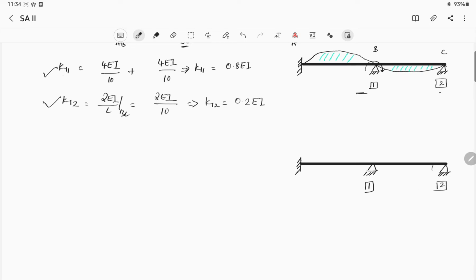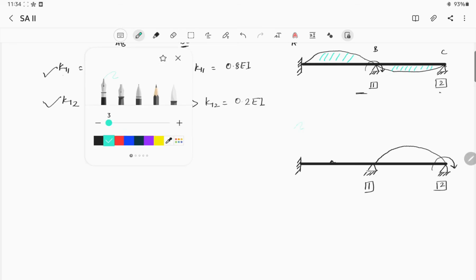So if I rotate at node 2 here, what happens to the beam now? My beam will try to get deflected. If I am rotating like this, my beam will get deflected in this fashion. Okay. What about here? At this location there is no rotation. Why? Because we have a support over there. So only this part will get rotated.